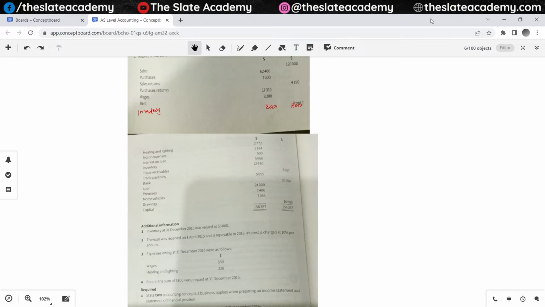No. So let's just assume there was an opening inventory, and we know this one is closing. If there were an opening inventory balance over here, it would have been in the debit column, right? Let's say 18,000.